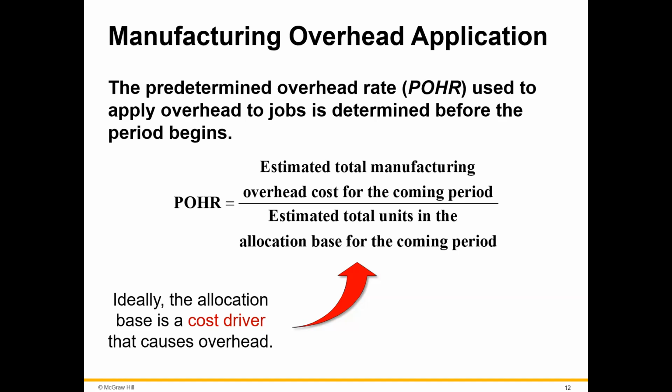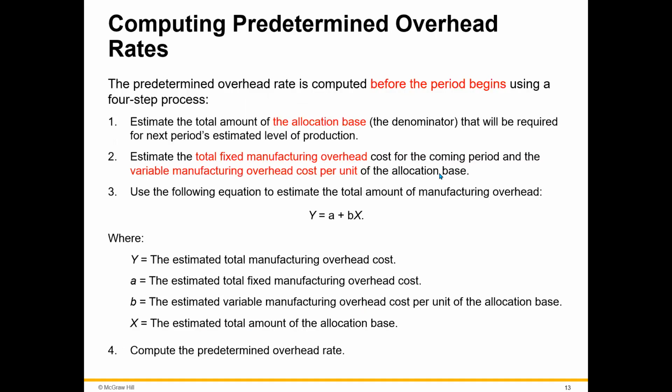Now let's see how we can estimate, the general formula, especially for the estimated total manufacturing overhead. This is related to the variable cost, fixed cost, and mixed cost we introduced in chapter 1. When we estimate the total overhead for the coming year, we know some of the overhead are variable cost.